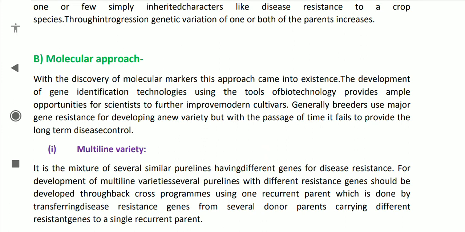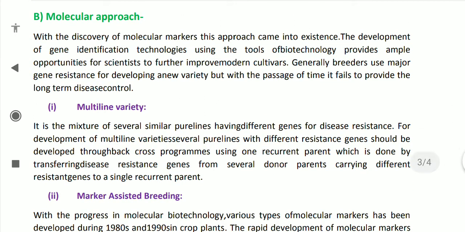Generally, breeders use major gene resistance for developing a new variety, but with the passage of time it fails to provide long-term disease control. This is the shortcoming with the molecular approach.